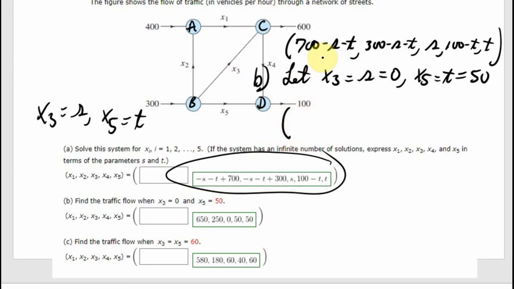Like, give me a calculator. But anyway, this is 700 minus 0 minus 50 is 650. 300 minus 50 is 250. S is 0. 100 minus 50 is 50, comma, t is 50, right?